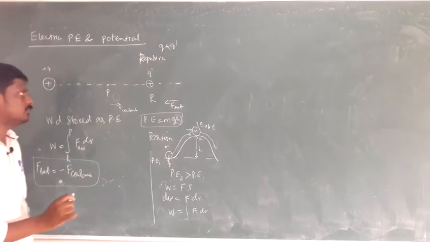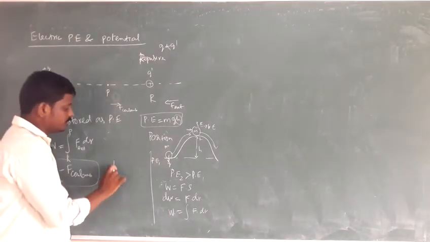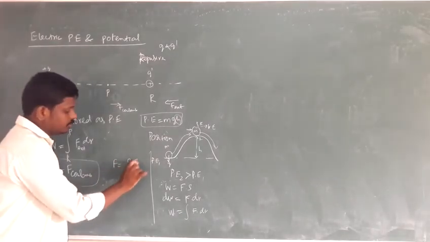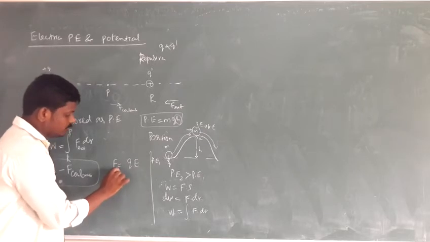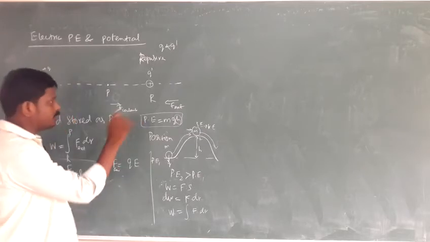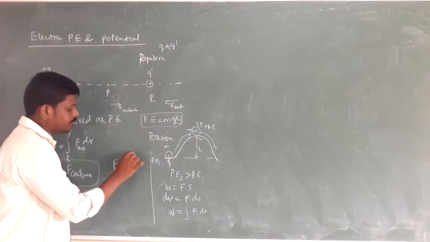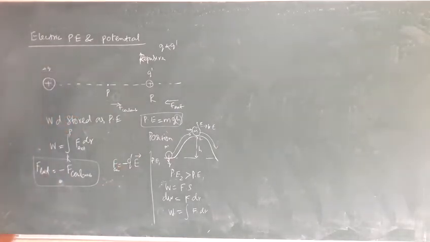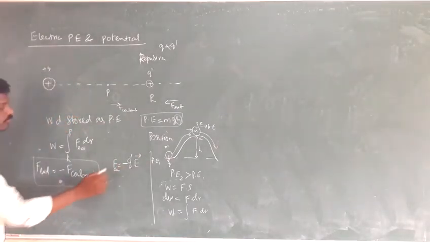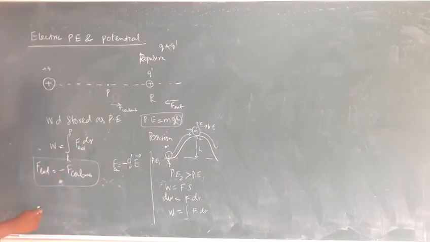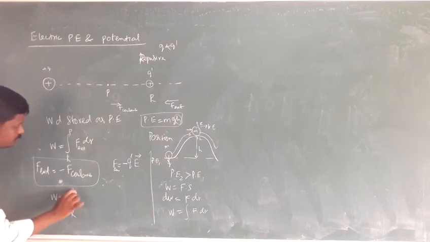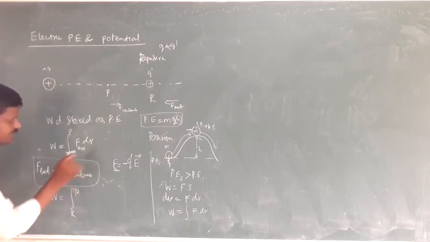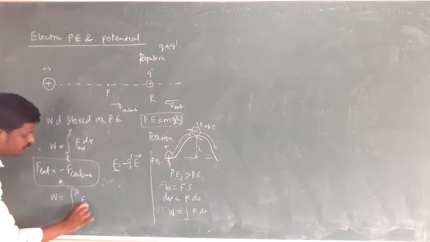Then we know that due to the point charge, the force F is equal to QE. Here the Coulomb force is in the opposite direction, so it's minus Q'E. So we use the Coulomb force instead of the external force. Work done W is equal to the integral from R to P of F external dr, and instead of F external we use minus F Coulomb.